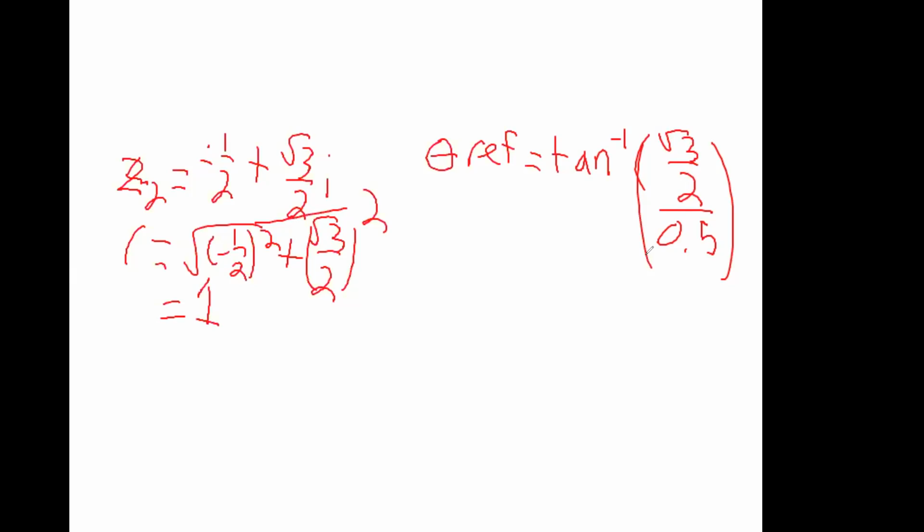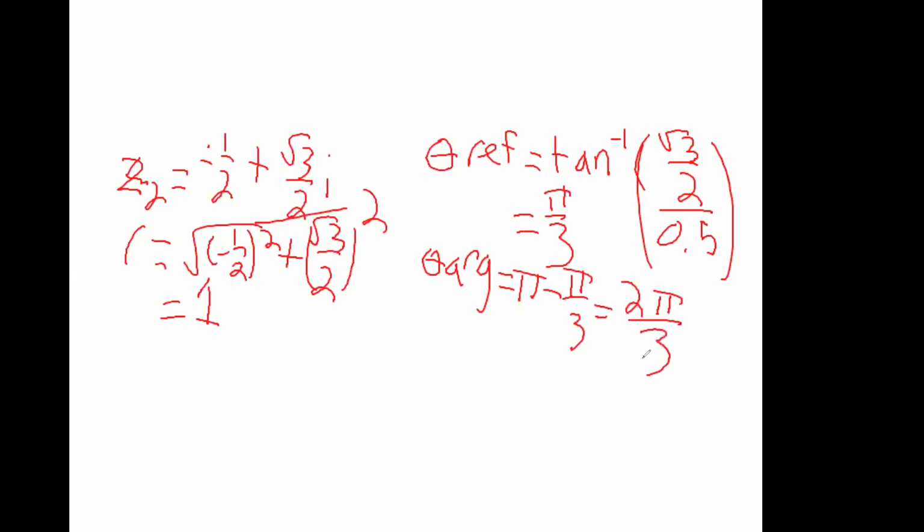So then tangent inverse of √3 is equal to pi over 3 for the radian value of the reference angle. And then to find the argument of that, you do pi minus pi over 3, and that gives you 2 pi over 3.